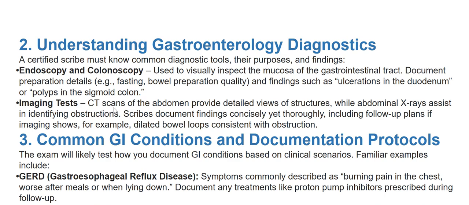Imaging tests: CT scans of the abdomen provide detailed views of structures, while abdominal X-rays assist in identifying obstructions. Scribes document findings concisely yet thoroughly, including follow-up plans if imaging shows, for example, dilated bowel loops consistent with obstruction.